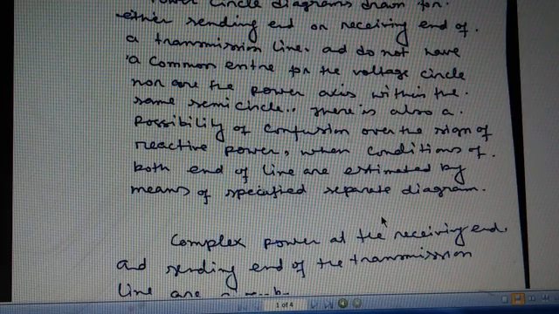The circle diagram for a short line was described by Philip and later extended by Doit to take into account the effect of capacitance, that is, the diagram of a long line. The data required for drawing the circle diagram for long transmission lines are as follows.